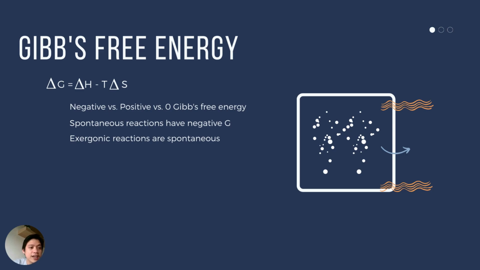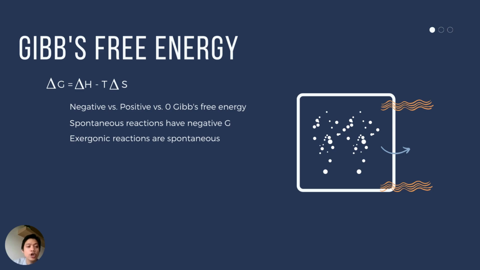You will have a negative Gibbs free energy if you have more entropy in the system and if the system is heated, it has a higher temperature. You will have less negative Gibbs free energy in the system if you have lower entropy and a lower temperature.